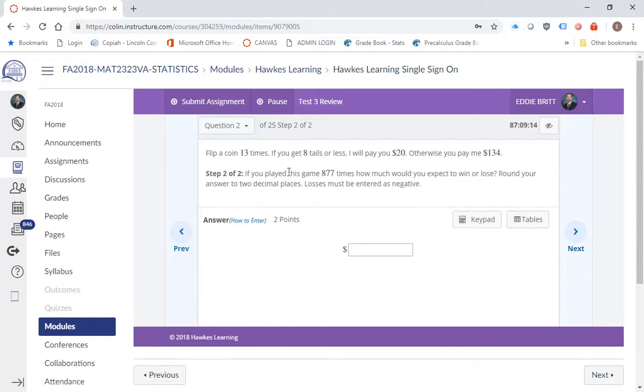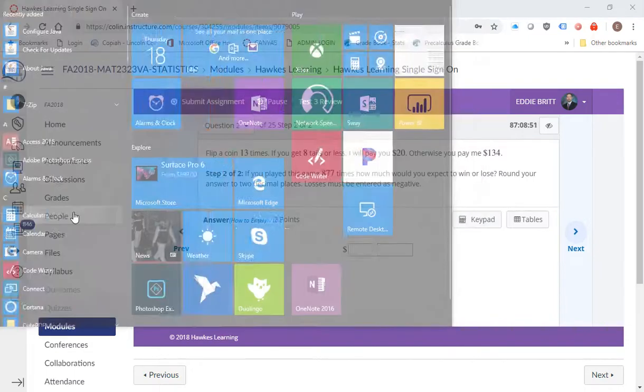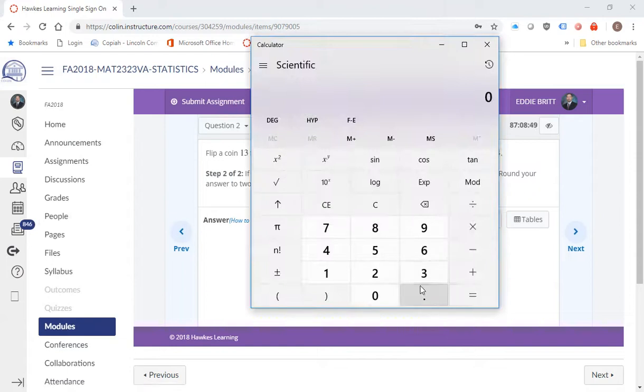Step 2 says, if you played this game 877 times, how much would you expect to win or lose? Round your answer to 2 decimal places. Losses must be entered as negative. All right, so if we're going to lose, I'm going to go back to that decimal, 0.5436, and I'm making it negative.